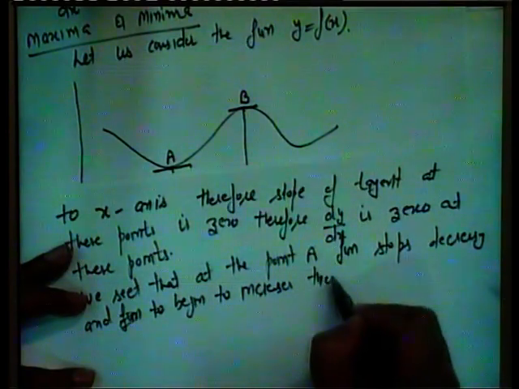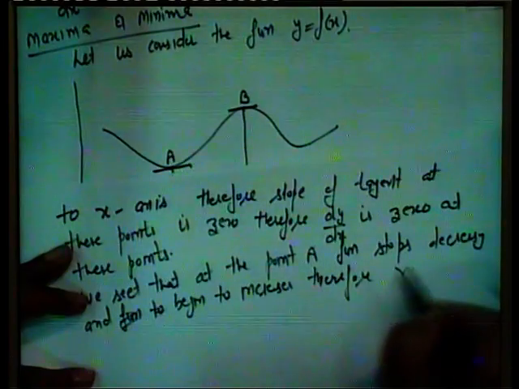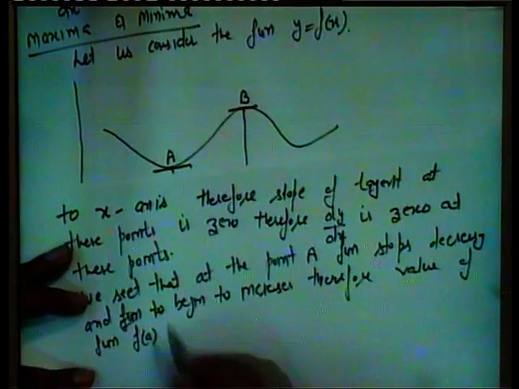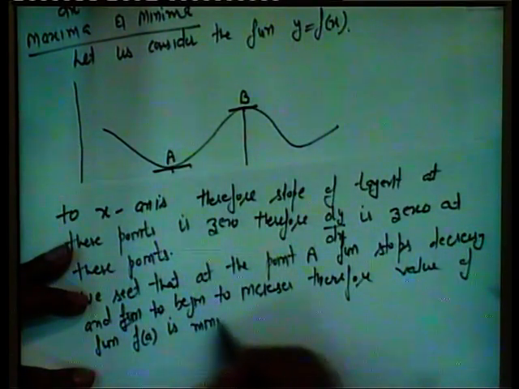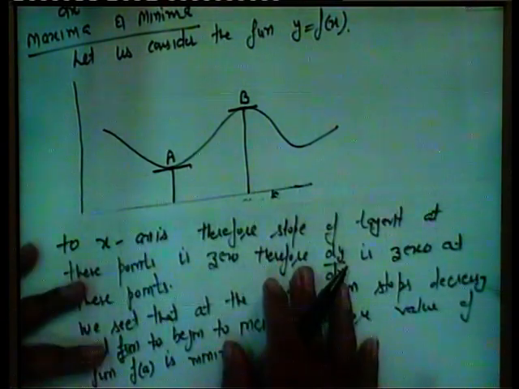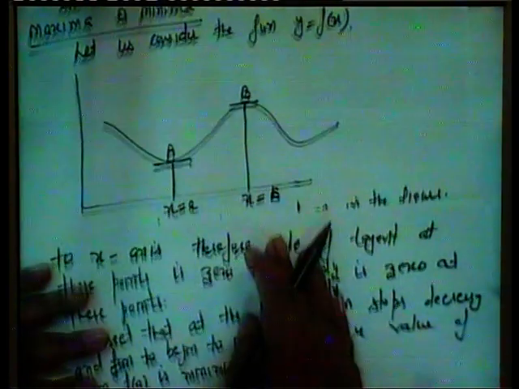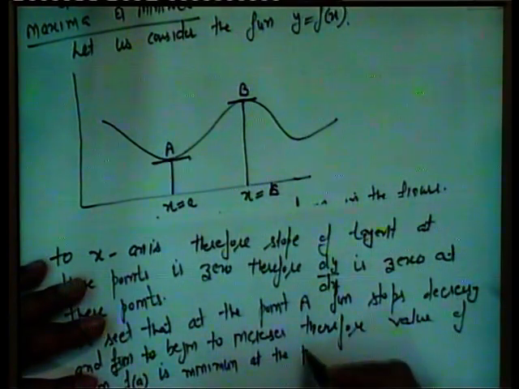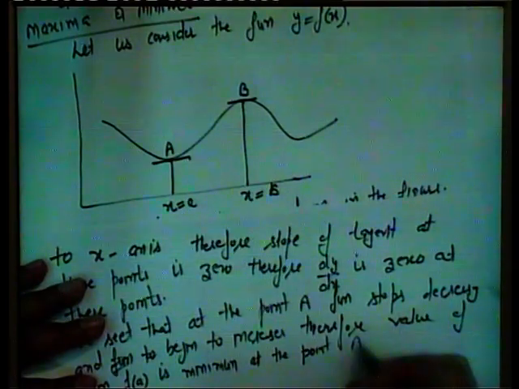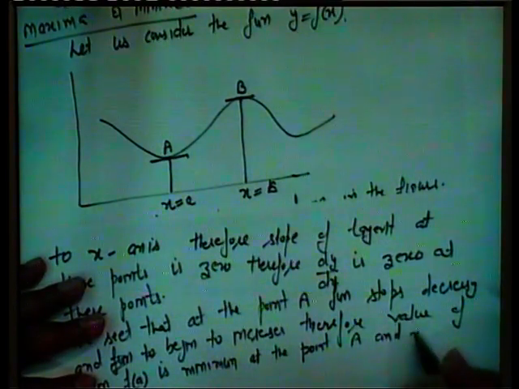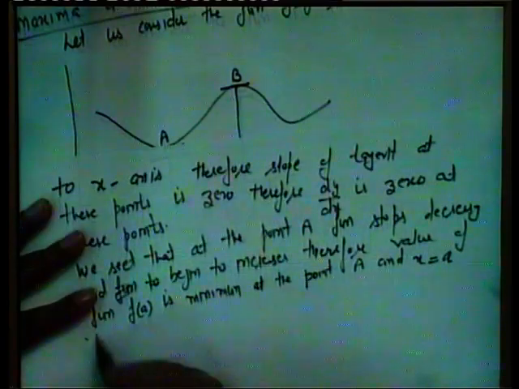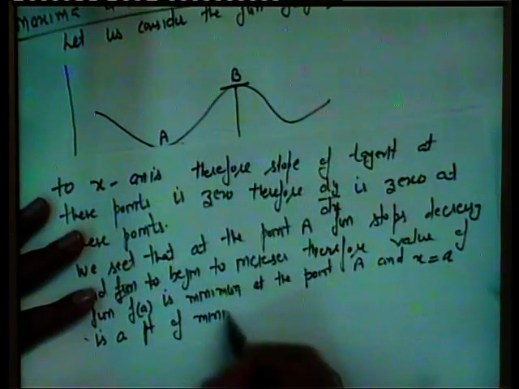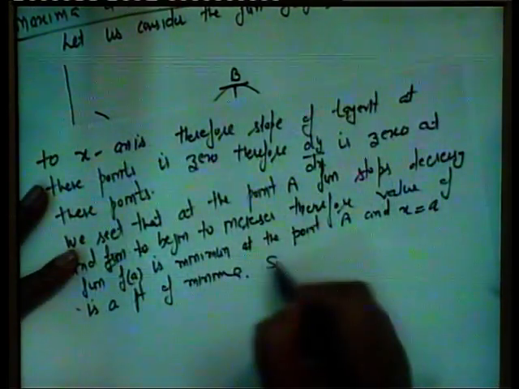Therefore, the value of the function f(a) is minimum at the point A, and x is equal to a is a point of minima.